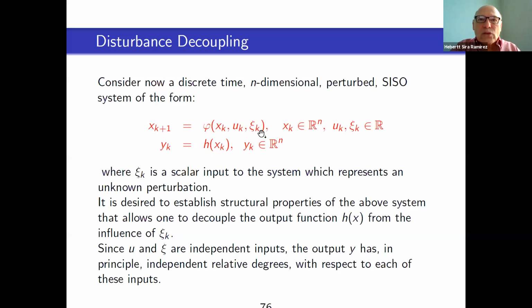We will analyze the structural aspect of this disturbance in the following manner. The control input is something that you willfully apply to the system in order to obtain some objective. It's an input that depends only on your choice of feedback and depends only on your willingness to sustain that input. The disturbance is also an input, but it's an input that you do not willfully apply to the system.